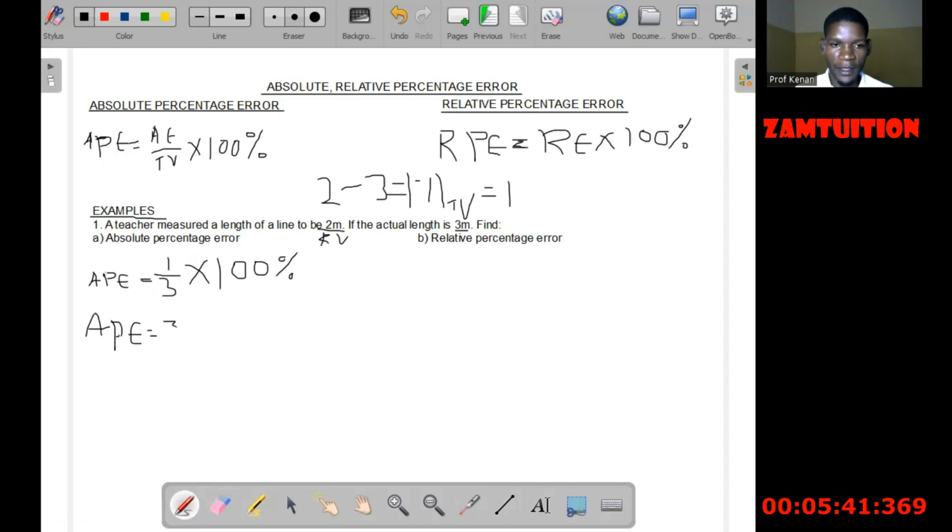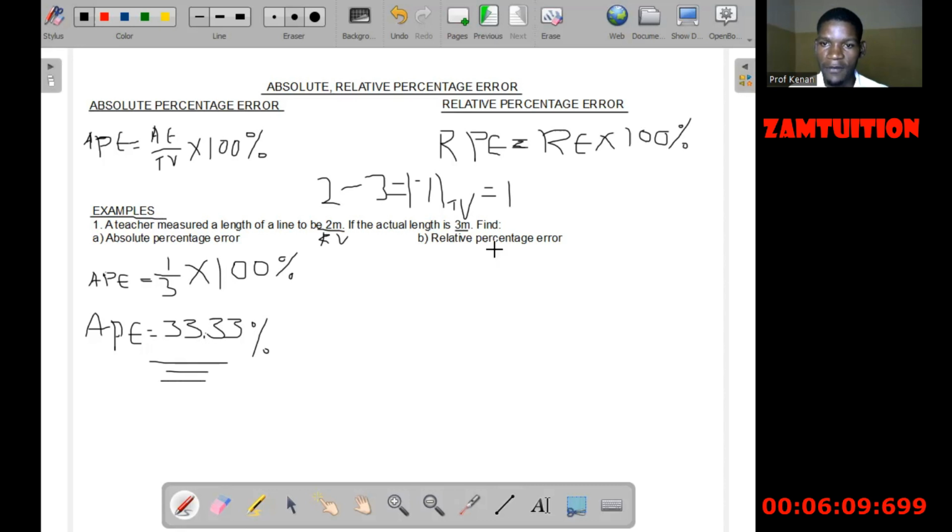It will give us 33.33%. You can use a calculator, or you can still say 1 over 3 times 100. It will give us 33.33. That's how it will give you. So this is our absolute percentage error. This is how we find the absolute percentage error.